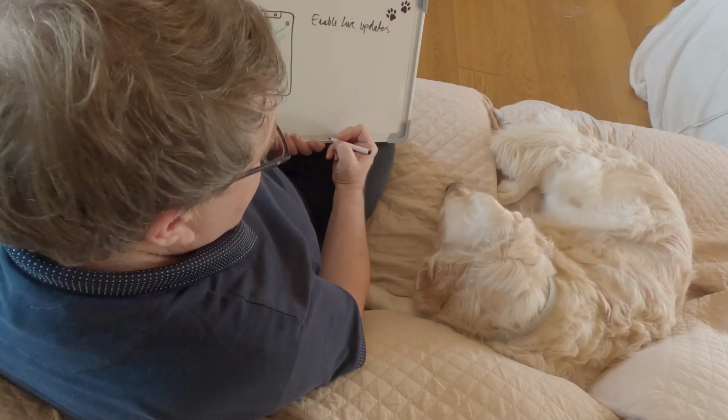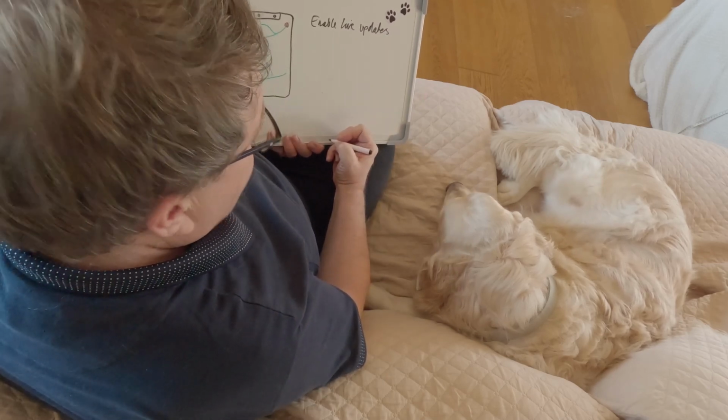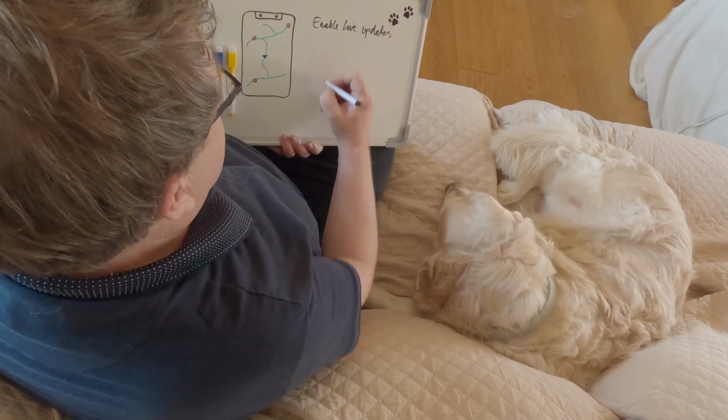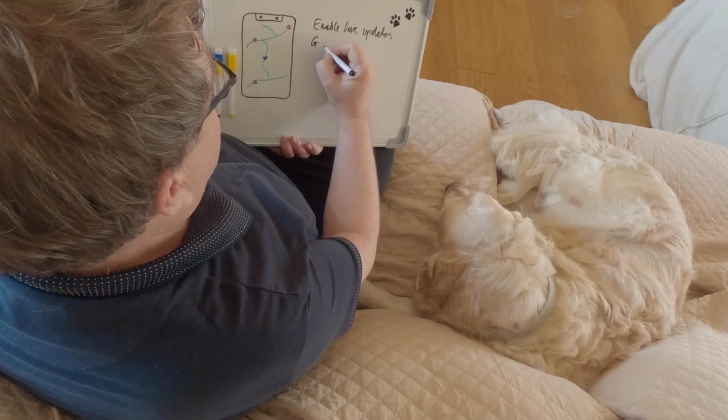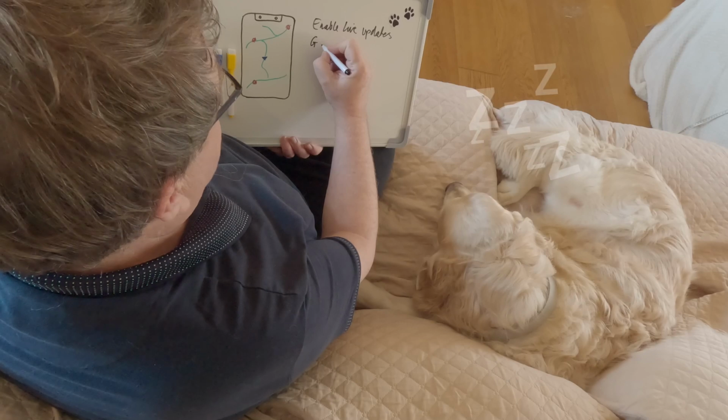So, first of all, we need to enable live updates for our route. That way, as we move around, we can see our location changing and we know where we are. And secondly, we need to get the route down from the Open Route Service.